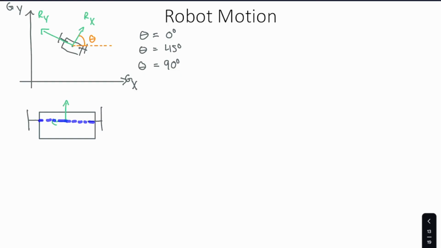So that center point there. We'll also define the distance between the wheels by d, and the radius of each wheel as r.